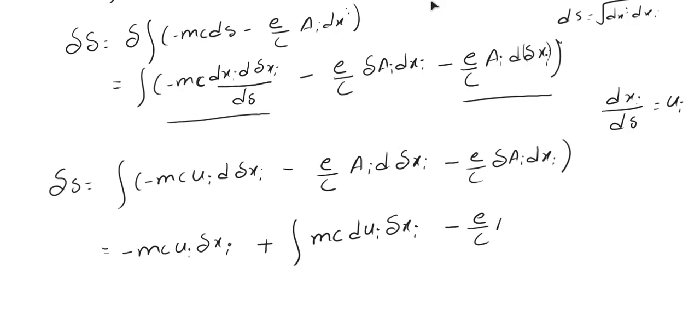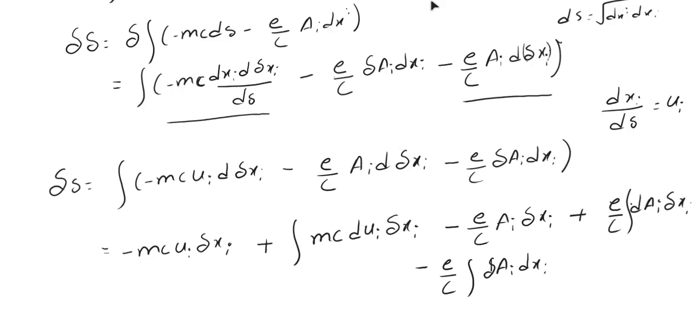What we get is e by c Ai variation of xi plus e by c dAi variation of xi. And we'll have one extra term, which is e by c integral of variation of Ai dxi.